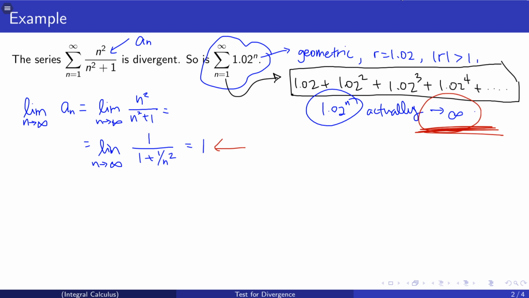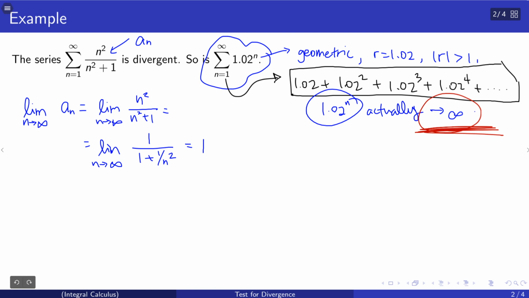Since the terms you're adding to your series approach 1, your infinite sum, at each step that you're adding a term, is going to grow by roughly 1 each time. Which means, again, there's no way that the series on the left converges.